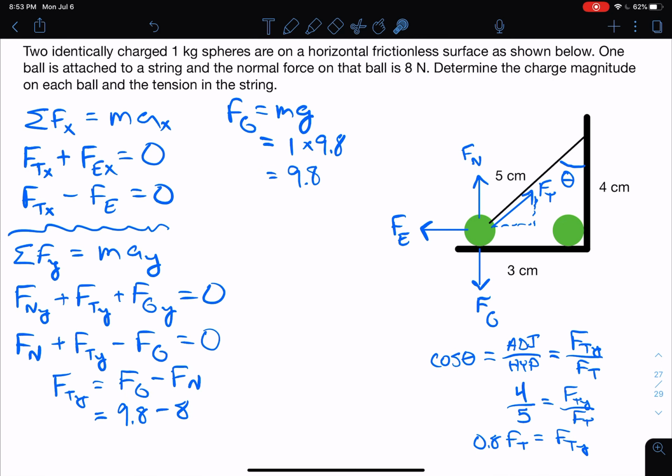They are similar triangles, which means that, and I mentioned it but I didn't label it, this angle here is theta, okay? And so when I do the trig functions, I can look at both of them simultaneously. That's important because now I can do 0.8 times FT for FTy, and I get 0.8 FT equals 1.8.